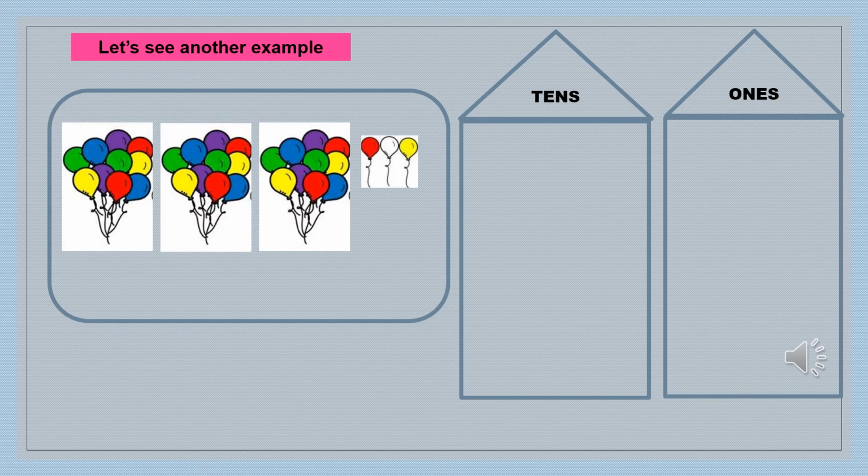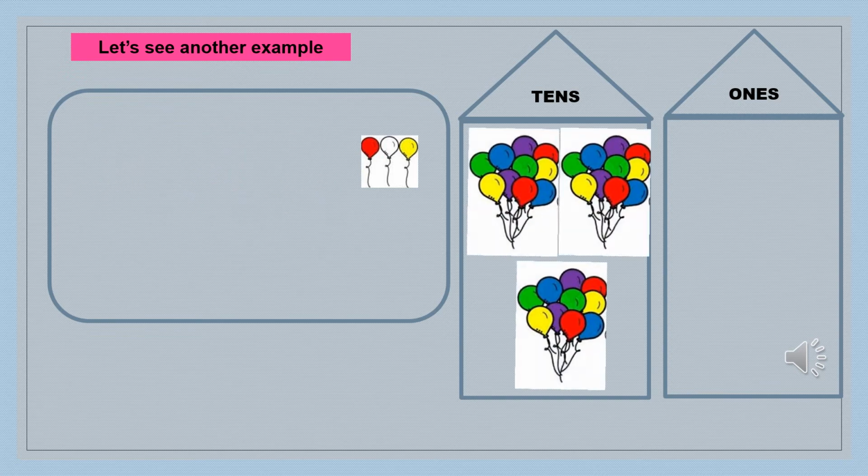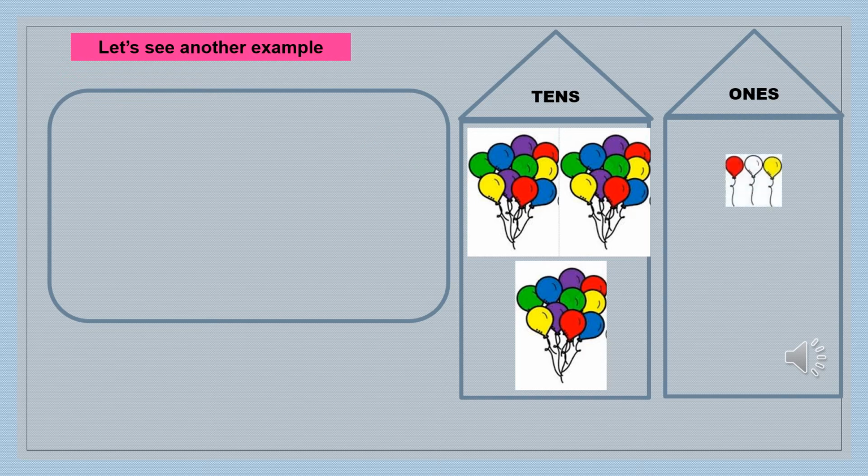All these three groups of balloons will be removed from here and take their place in tens house. Now we have these leftover balloons. They are three in number. They are not able to form a group of 10, so they will be loosely present. They will be separately present in one's house.